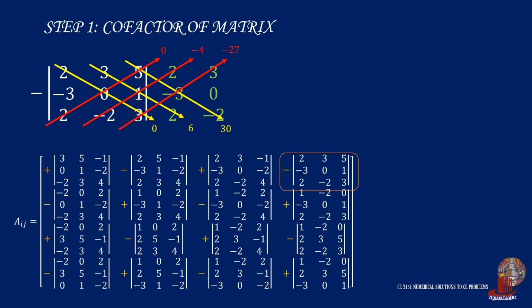Element A14 is then the negative of 0 plus 6 plus 30, minus the negatives of 0, minus 4, minus 27. The figures are simplified as 67, and by placing the sign before the bars, we have A14 as negative 67.